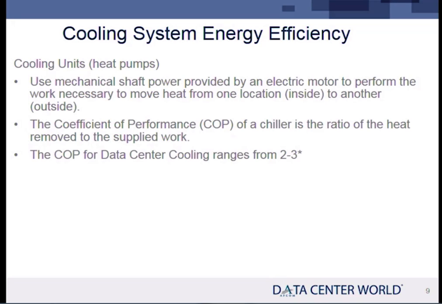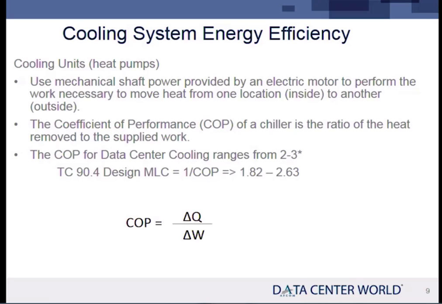So for most data centers, I find they run in the range of 2 to 3. If you look at that TC 90.4 spec, and they have something they call the MLC, mechanical load component or calculation. It's really the inverse of the COP is what it is, and it's a system level COP. In other words, if you look at just the chiller number alone, it's a best case situation.